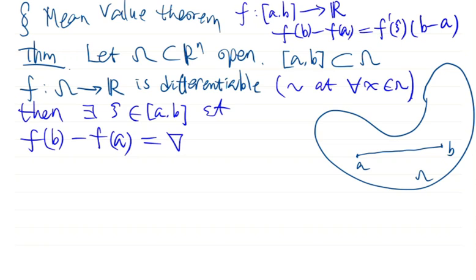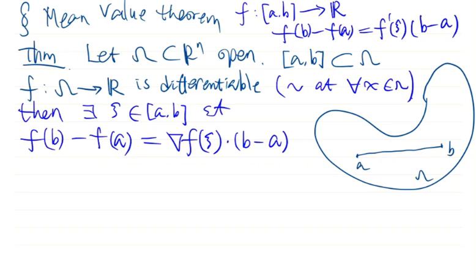the derivative for single variable functions is replaced by the gradient of f at this c. So this is a vector, but f(b) minus f(a) is a real number. From this vector you need to produce a real number, so we take the inner product.